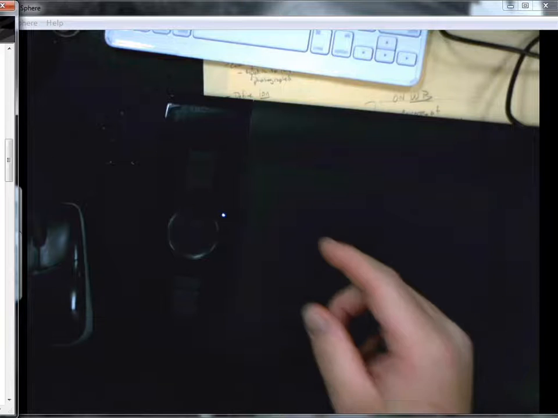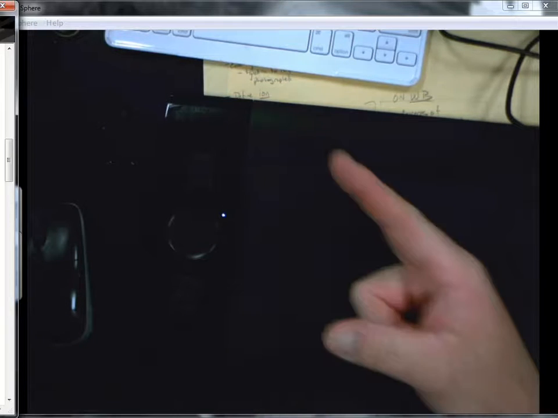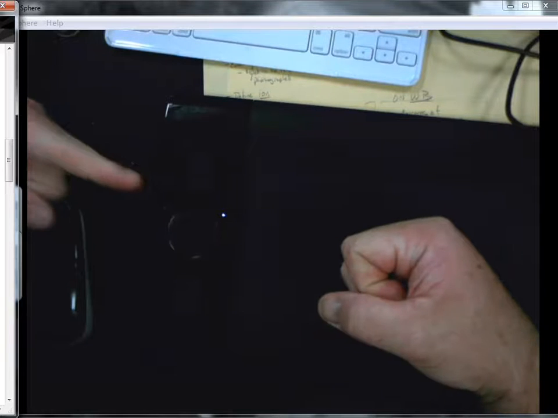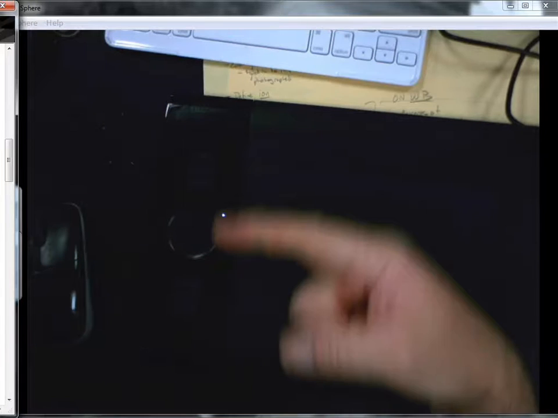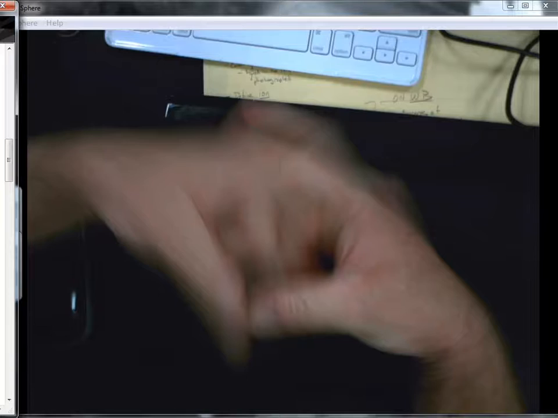Now, not only do they collide, but this happens over a period of time, and then it moves away.